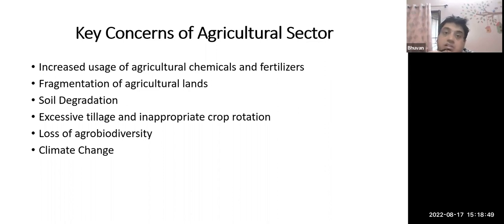So the agriculture sector is also contributing towards climate change, and climate change has a negative effect on the agro ecosystem. Droughts are getting very common, floods are getting very common these days, and it is all because of global warming and climate change.